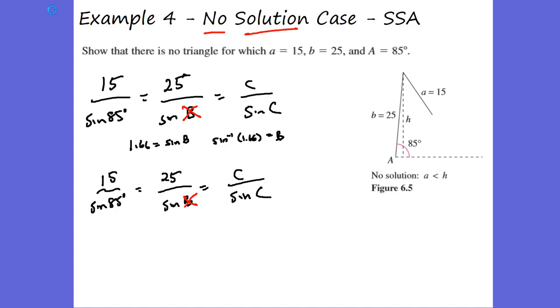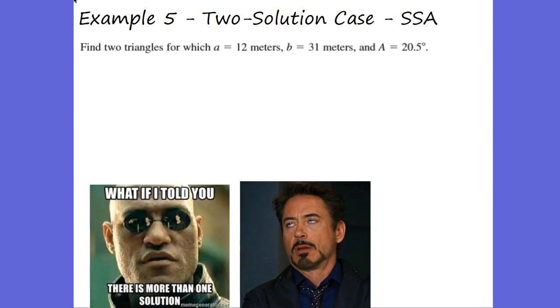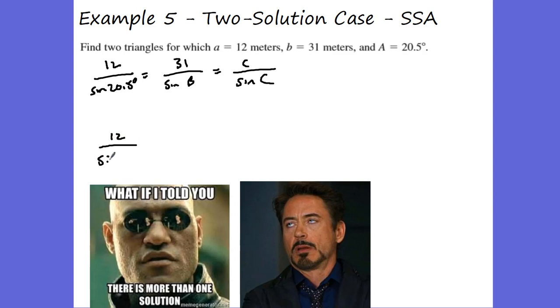Okay. Now let's see if we have two solutions. Again, we're going to do the same thing. We have 12 over sine of 20.5 degrees equals 31 over sine of B equals C over sine of C. Anytime I have an ASS case, I always do two different triangles, because I have the possibility of two different triangles.